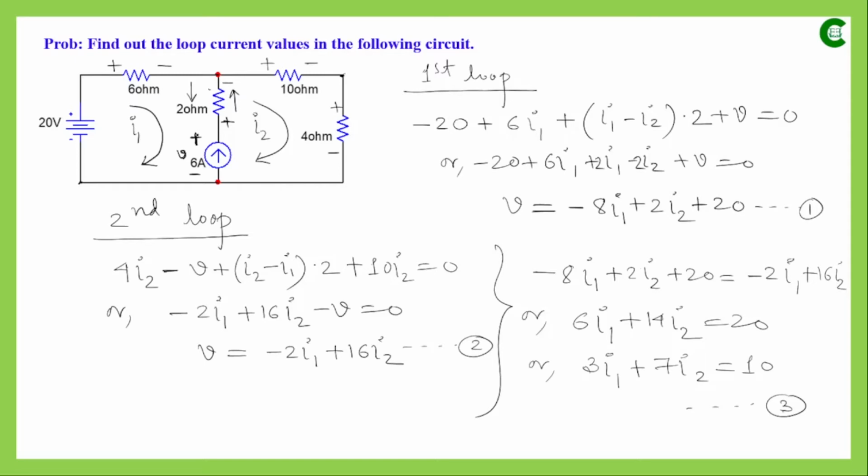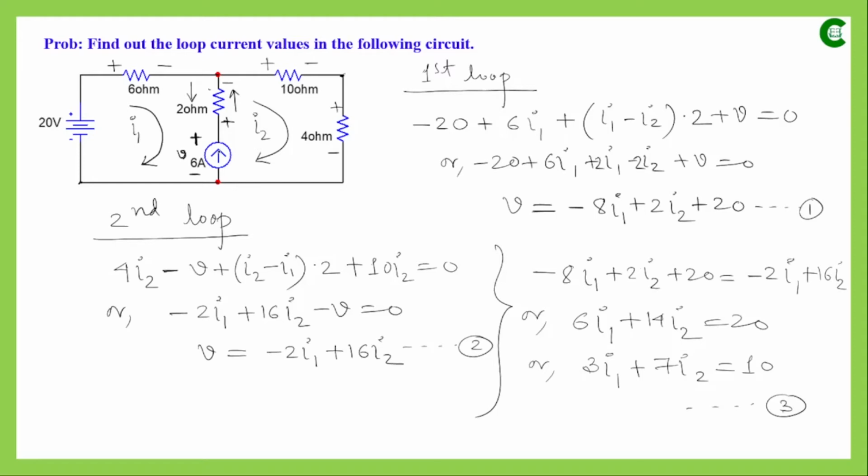So the net or resultant current that we are talking about: we have assumed the loop current for the first loop as I1, and that direction is clockwise, and in the second loop the current is I2, and the direction is also clockwise.